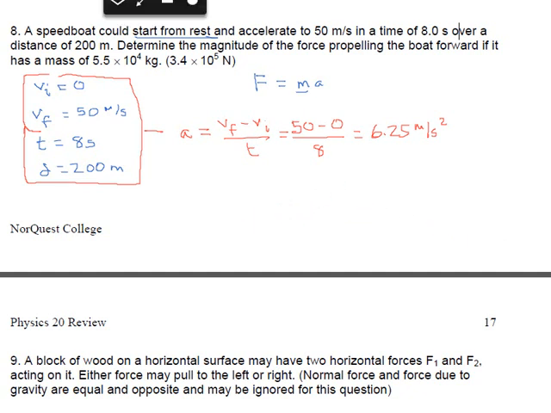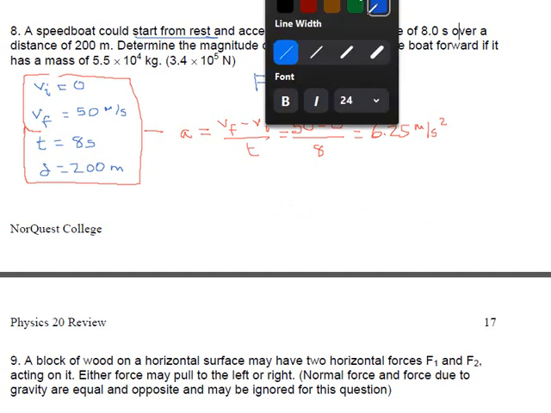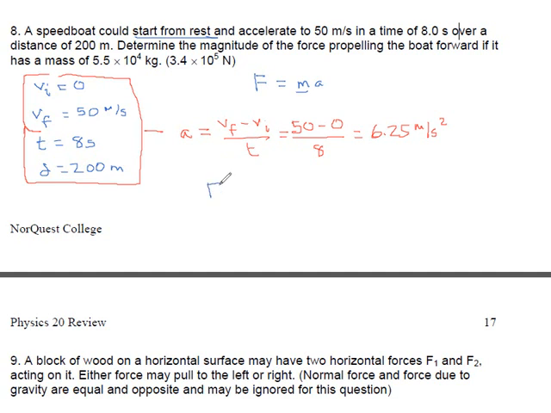Now that we have it, we can find force easily enough. The force it takes to move something equals how massive is it times how fast do you want to accelerate it. And in this case, our mass is 50. Oh, okay, this is not your grandpa's boat. This thing's 55 tons.